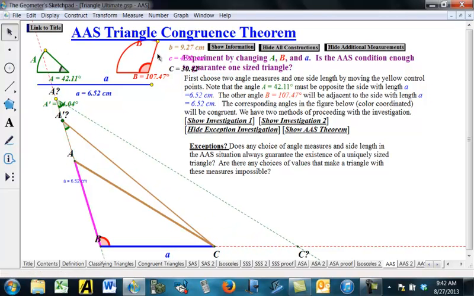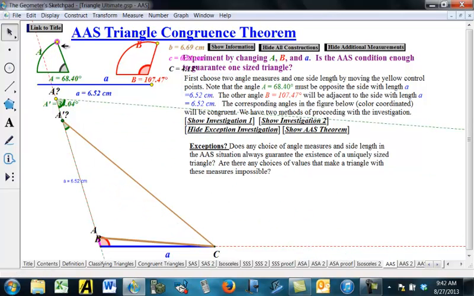So the bottom line is this: if these two angles add up to less than 180 degrees or less than pi radians, then there will be enough space for the third angle, and this ray will come down and touch this ray here somewhere. But if the two angles add up to equal to or more than 180, then these are actually parallel to each other.